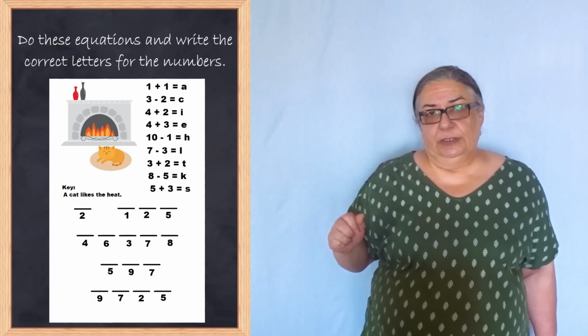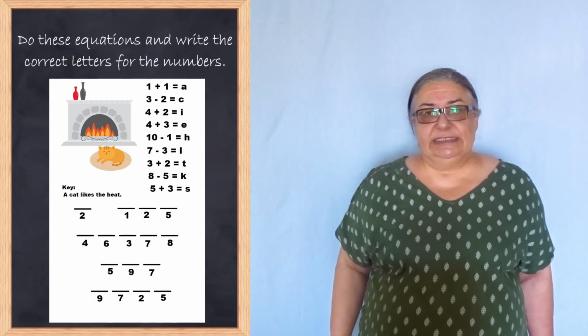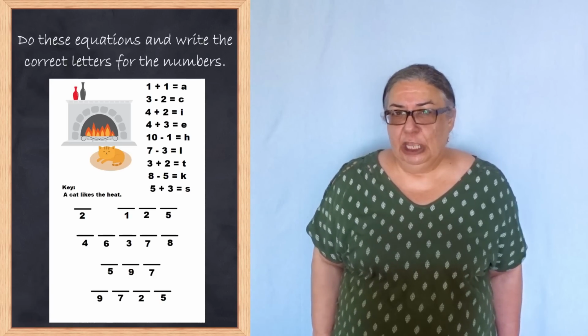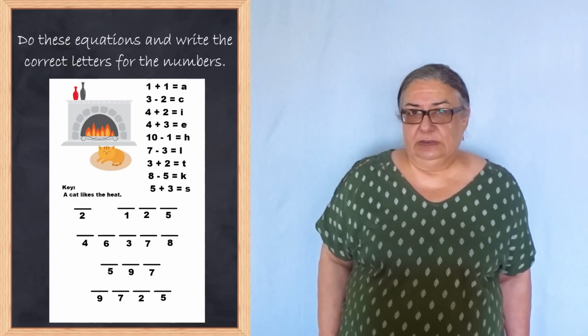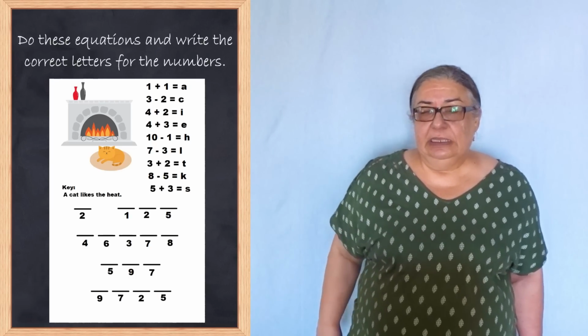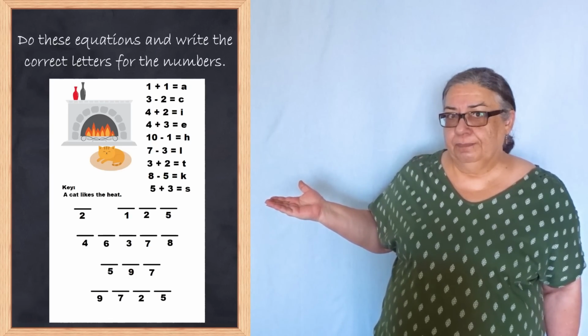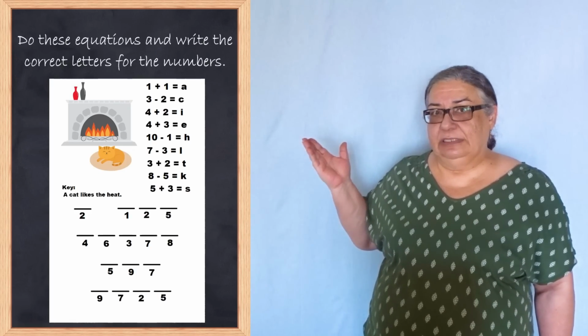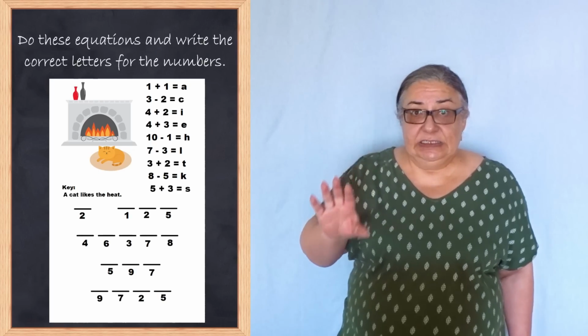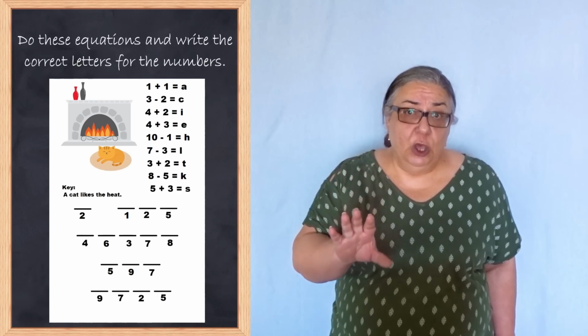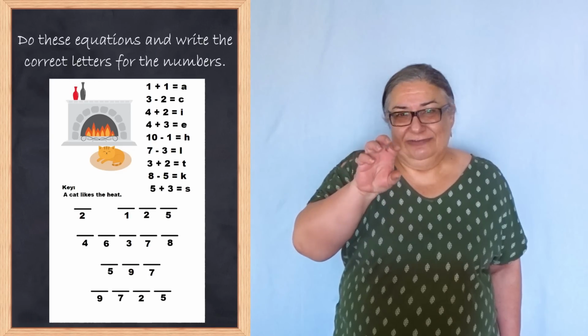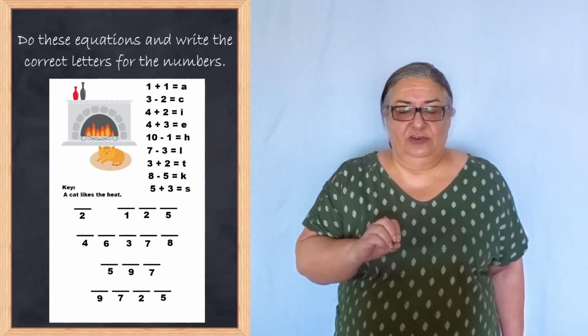Now, how about this one? Do these equations and write the correct letters for the numbers in order to address logical mathematical intelligence. Here you go. In order to find out the sentence, they need to break the code, and the code is related to mathematical equations.